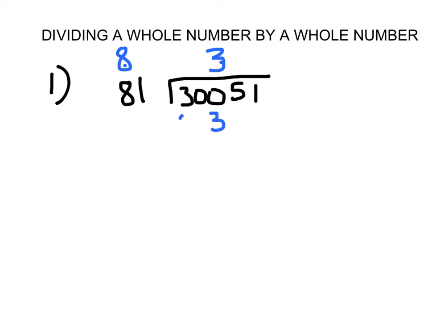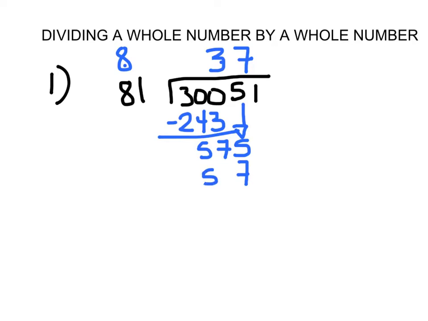3 times 8, 24. We subtract, we borrow, and get our next number down. The question is, how many times does the 8 fit into the 57? It fits 7 times. 7 times 1, 7. 7 times 8, 56.